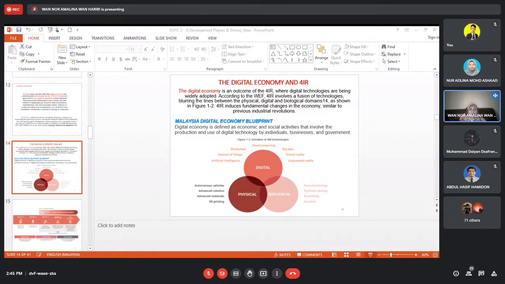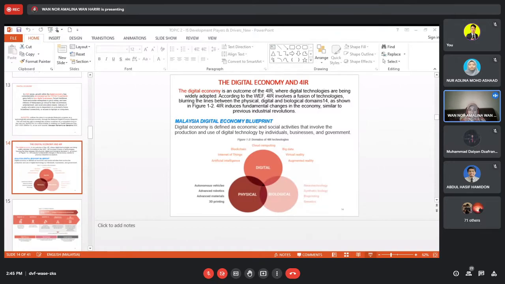4IR is much discussed, and this is where you play your role. 4IR technologies include cloud computing, big data, VR, augmented reality, IoT, and AI. They combine, with overlapping segments of digital with the physical and biological technologies.